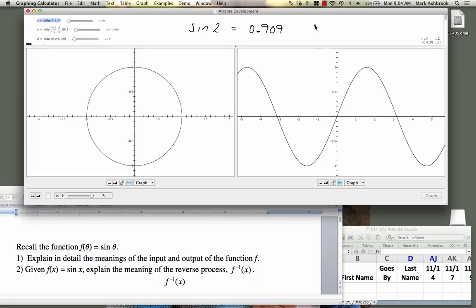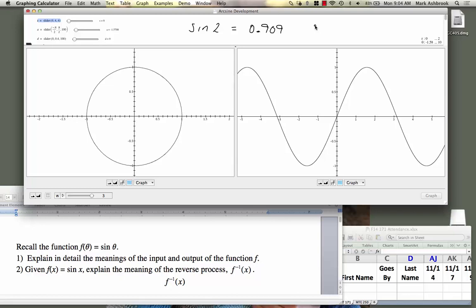Sean in the back, what's the 2 mean? What are we talking about when we put sine of 2? Degrees, the sine of 2 degrees? Is that what we're talking about? No, I told you to put your calculator on radians.